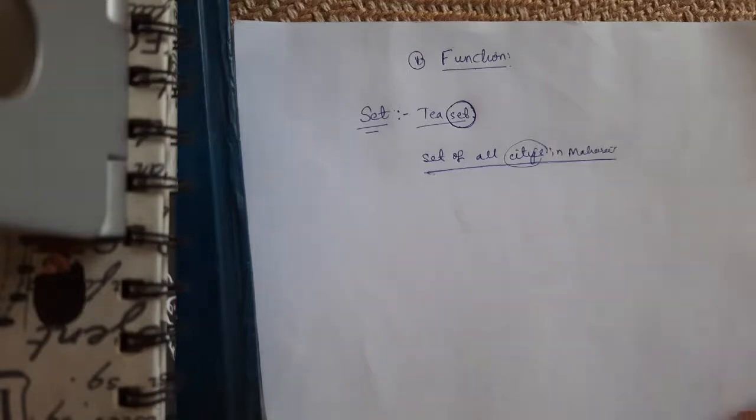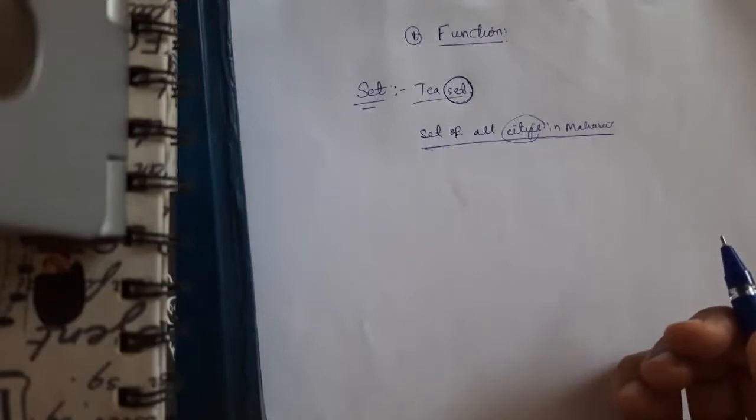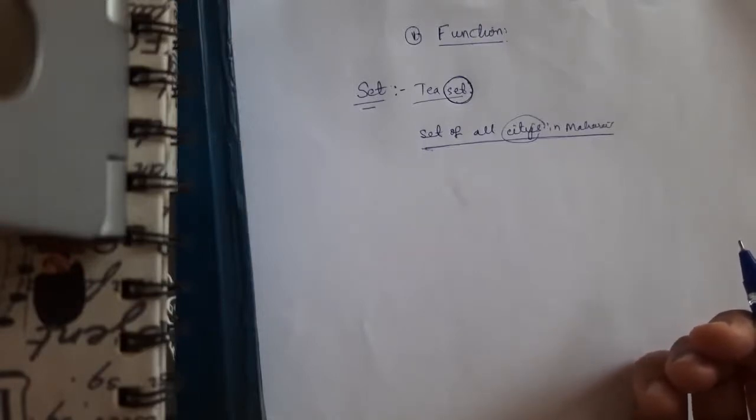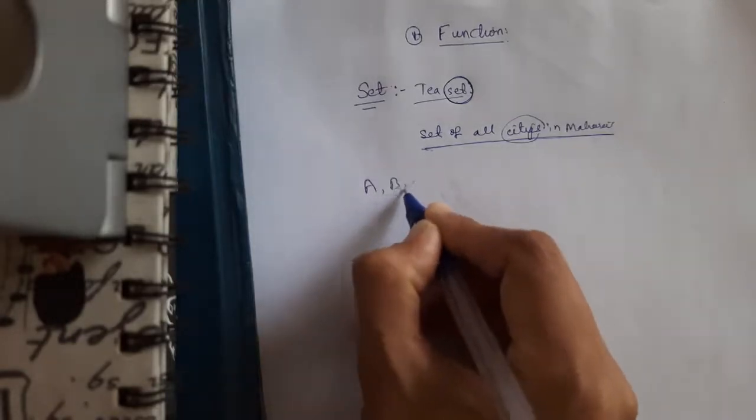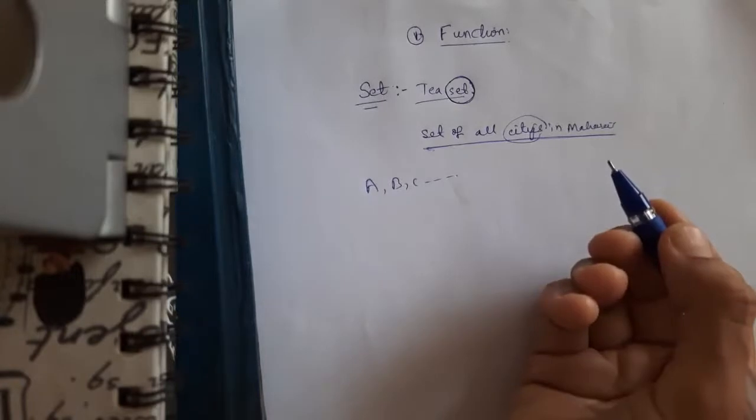So in definition we say that a set is a collection of distinct objects, and it is always denoted by a capital letter like A, B, C, and so on.